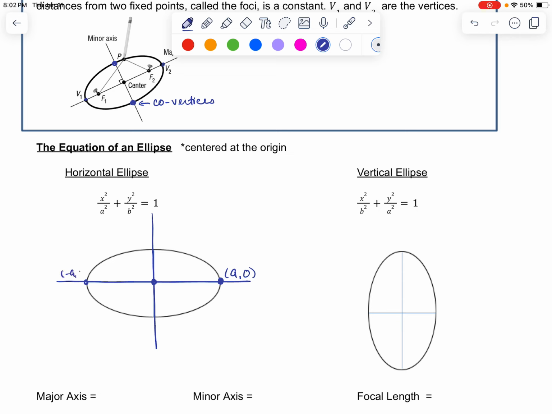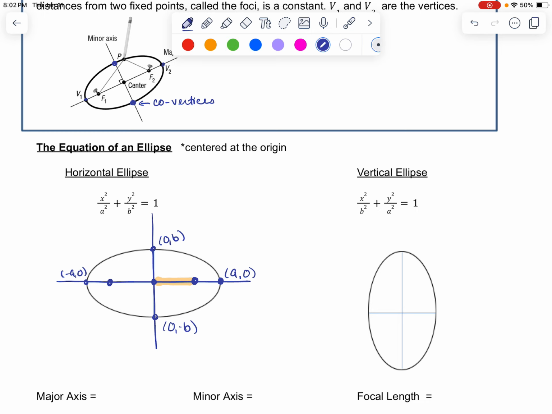So this is (negative a, 0). Up here we have (0, b). And down here we have (0, negative b). The foci are not in this picture, but they will be somewhere on the inside of the ellipse. The focal distance is the distance from the center to a focus in either direction.